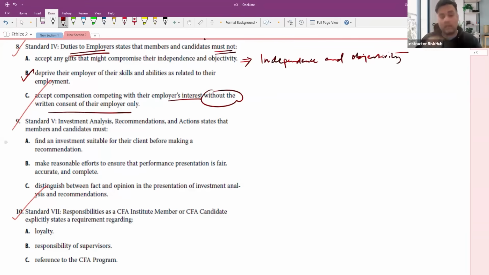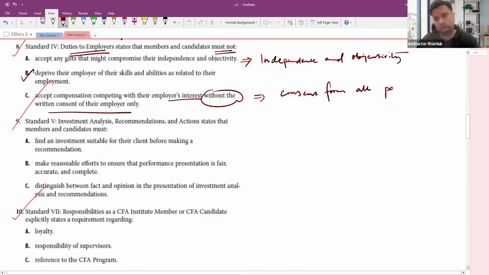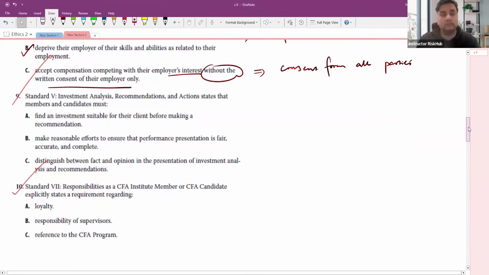No, you have to take consent from all. So that is also very tricky. Answer is B here, guys.